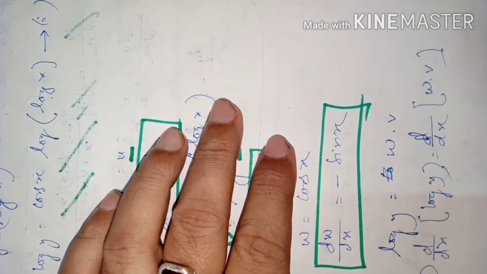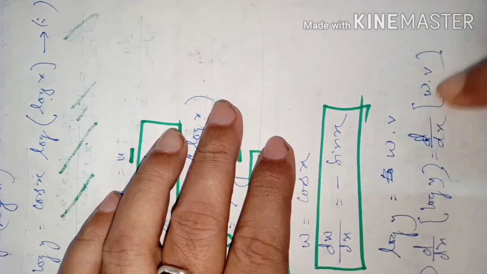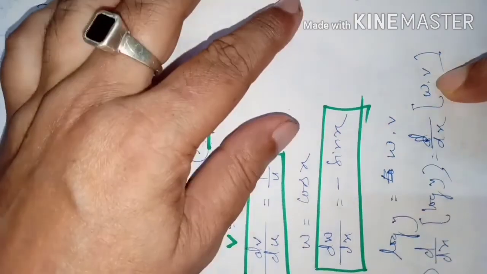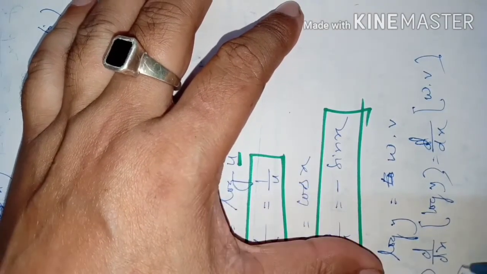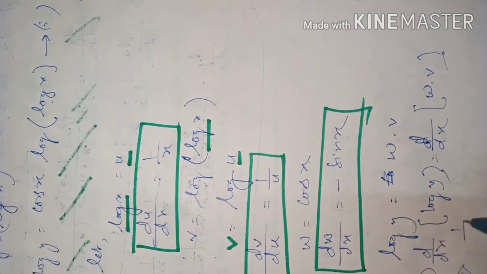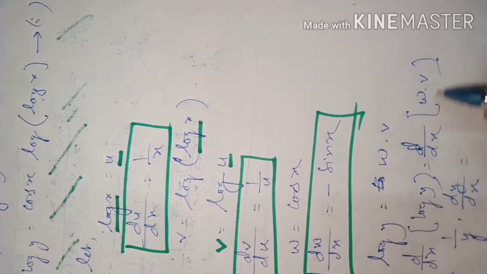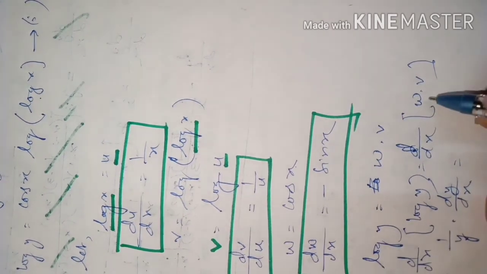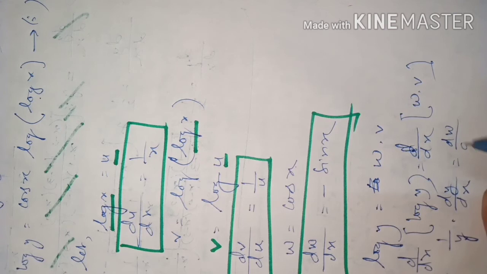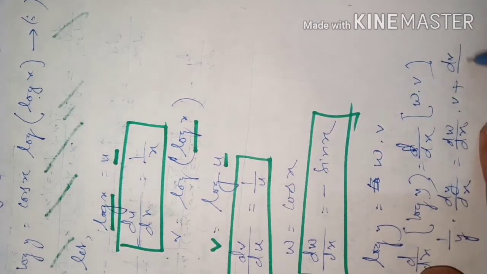So let us do this by the product rule. d/dx of log y is 1 by y into dy by dx, equal to d/dx of w into v. That is w dash, meaning dw by dx into v, plus dv by dx into w.